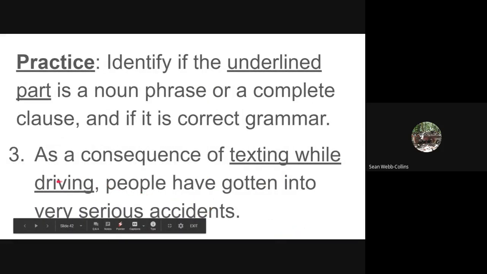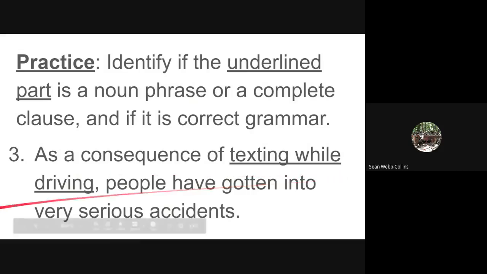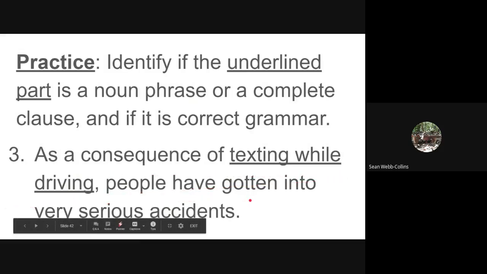So we're going to do the same thing again. Number 3: as a consequence of texting while driving, people have gotten into various serious accidents. Go ahead and pause the video now to answer the question.